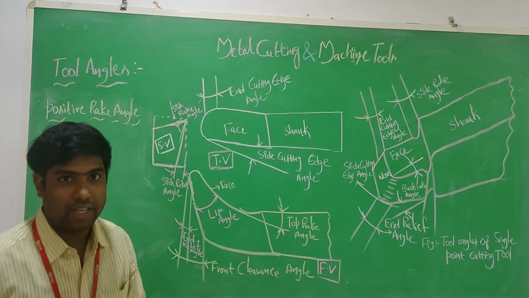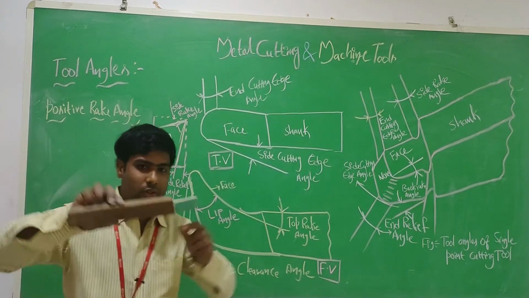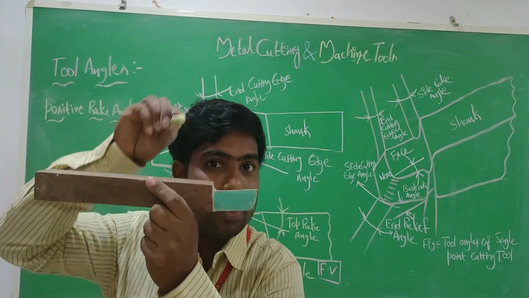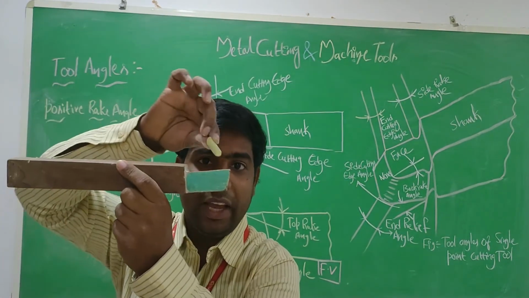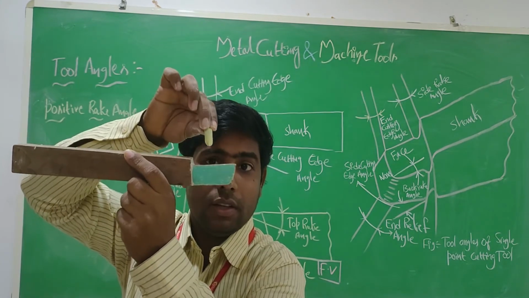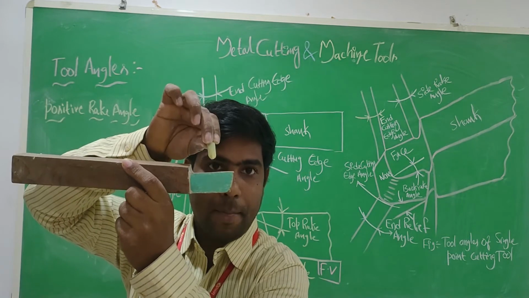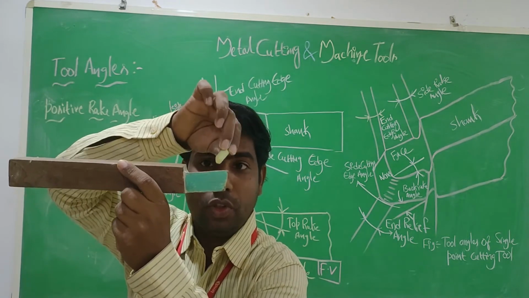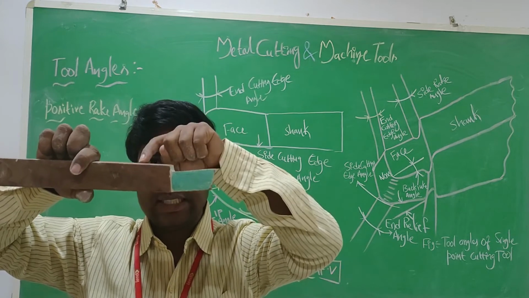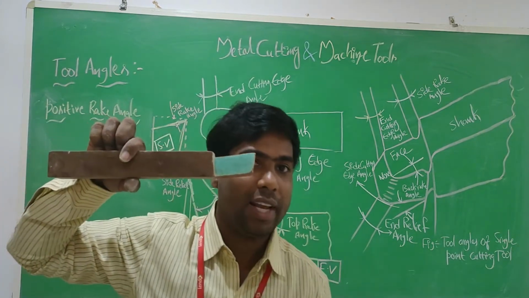What is positive rake angle, sir? So this is the tool. The positive rake angle is defined as the angle at which the face of the tool slopes downwards towards the shank.